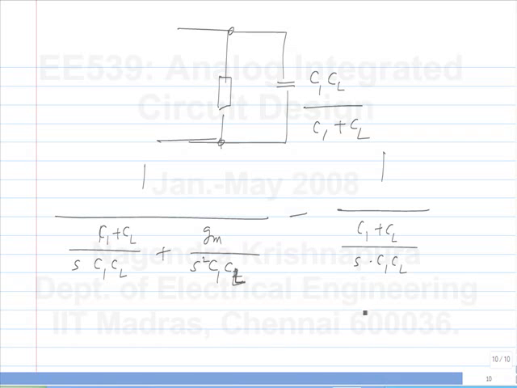So it turns out to be, you can express it as, I won't go through the algebra here, but the impedance of this will be a negative capacitance in series with a negative resistance. What is the negative resistance value?